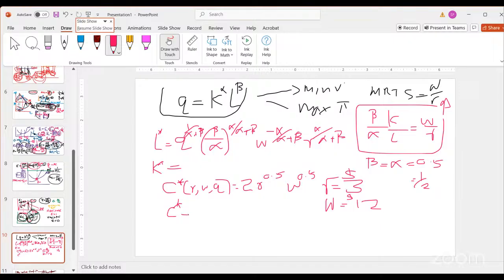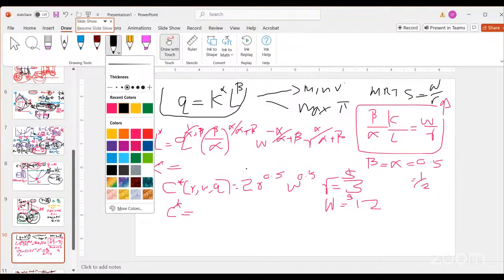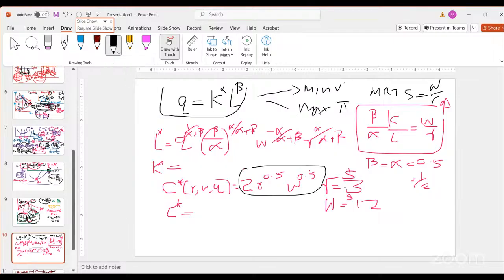Now that's not difficult because we have the minimum value cost function here. R is 3, W is 12, you can get the answer. For this particular question, you can get 12Q. I missed the Q part here, right? 2 times root of 3 times 12 times Q, that is 12Q. That is the total cost function.